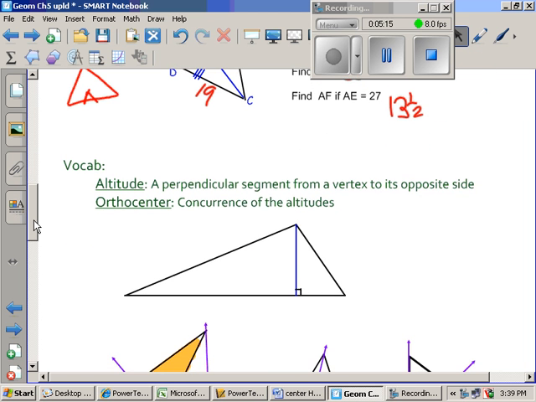All right. Now, an orthocenter is the concurrence of altitudes. Altitudes are what you used when you calculated area. It's from the vertex perpendicular to the side. So it doesn't bisect, it doesn't do any of those things. It's just from the vertex straight down to the side.